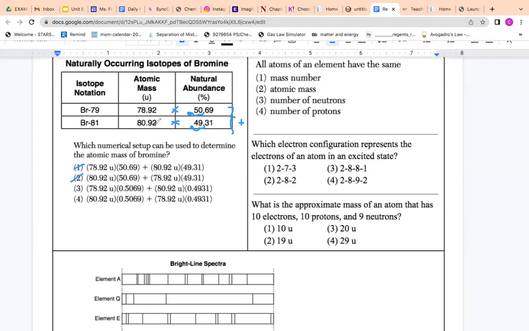Then we have 80.92, that's the atomic mass for bromine 81, multiplied by its abundance, which is also turned into decimal form. So this is the one that makes sense. This one doesn't make sense because they basically swapped the atomic masses and the natural abundances. So this is just wrong. Again, you should be multiplying across. All right.